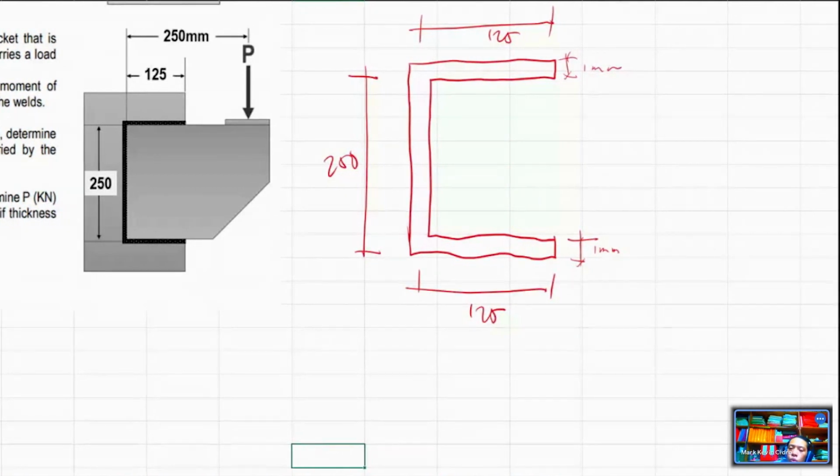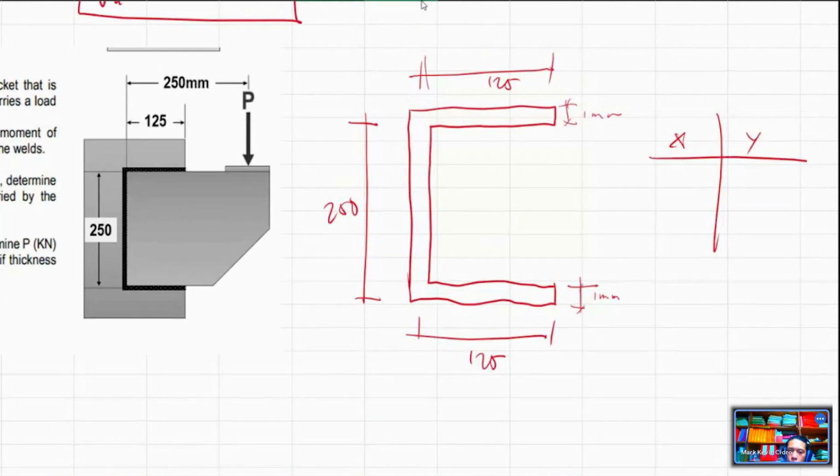You go to mode 3, 2. You have your x, you have your y. We don't know yet where the centroid is, so we'll assume a reference axis, this one. For area 1, area 2 and area 3, you can edit each.